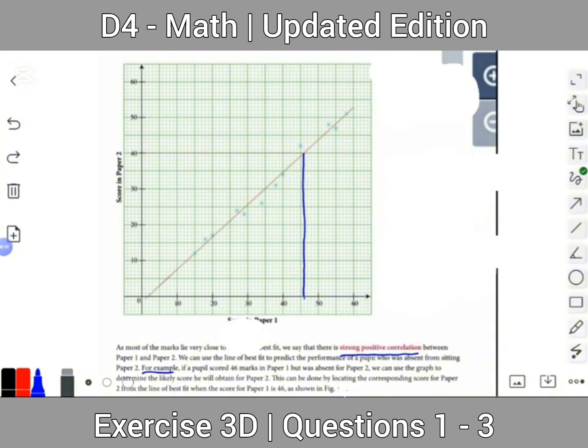Now from the point of intersection on the line of best fit, we will draw a horizontal line until it touches the vertical axis. So here we have the score 40. So the pupil scored 40 in paper 2. Score for paper 2 is equal to 40 marks.